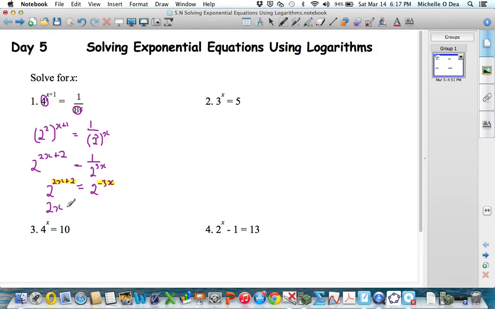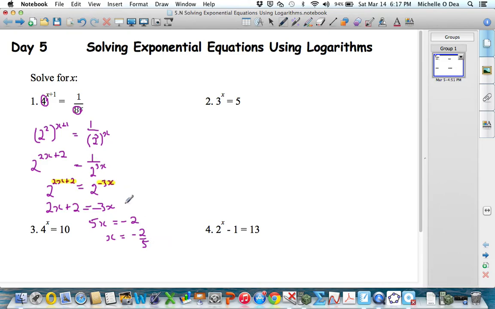So we'll have 2x plus 2 equals -3x. And then I'm going to add 3x to both sides. So I get 5x, and while I'm at it, I'm going to subtract 2 from both sides. So I have 5x equals -2, and then just dividing both sides by 5, so x equals -2/5.